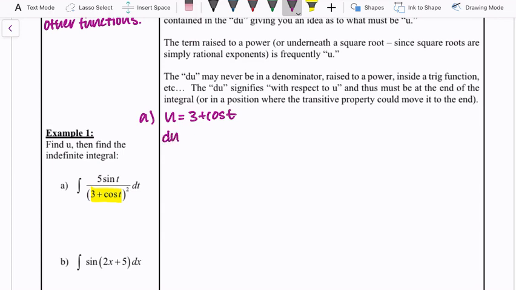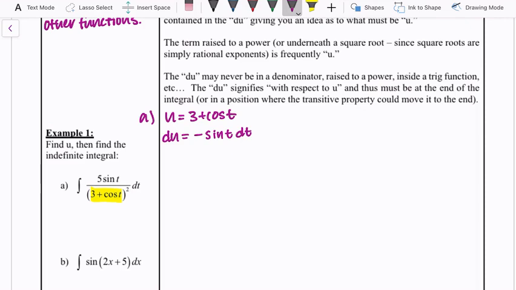So du is going to be equal to, all right, well, the derivative of 3 is just 0. The derivative of cosine of t, well, the derivative of cosine is negative sine of t. The derivative of t is just 1. Okay, so that was my derivative of this, but I also need to make sure that I add on a dt to signify that we differentiated with respect to t.